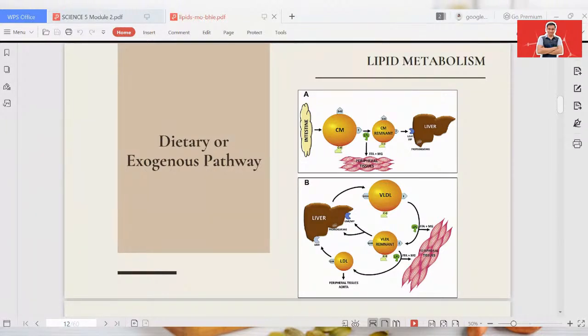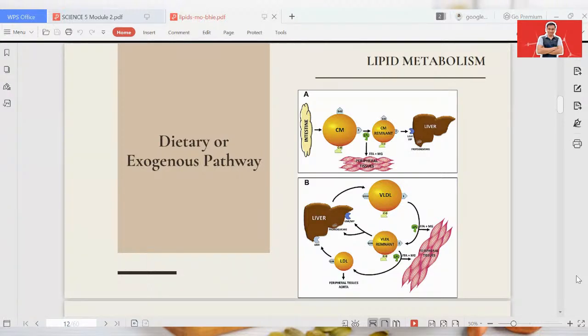And yung triglycerides natin, since hydrophobic man siya, it will be repackaged into chylomicrons, which will deliver it into our tissues and our cells. And doon na mag-start ang exogenous pathway.